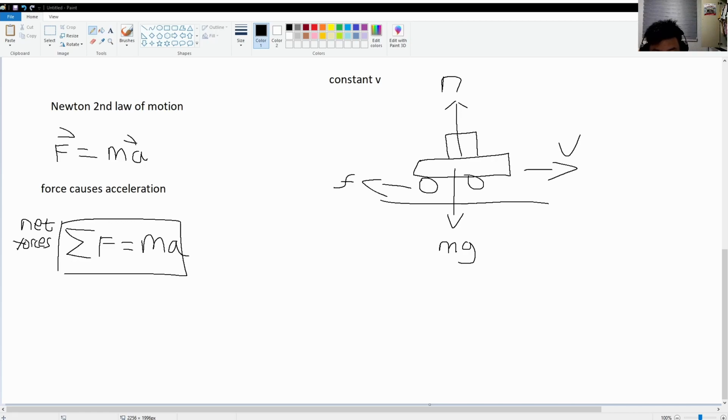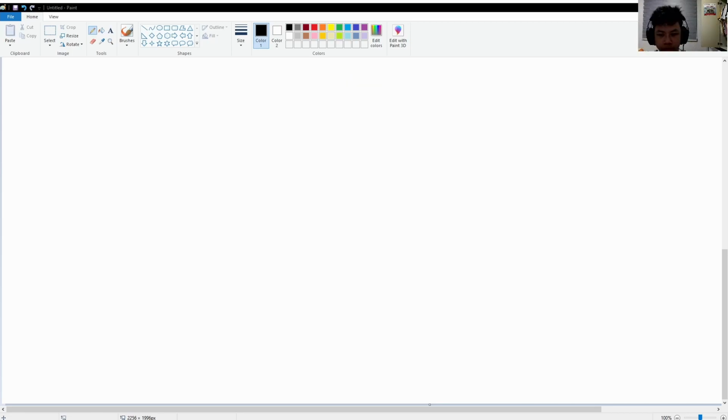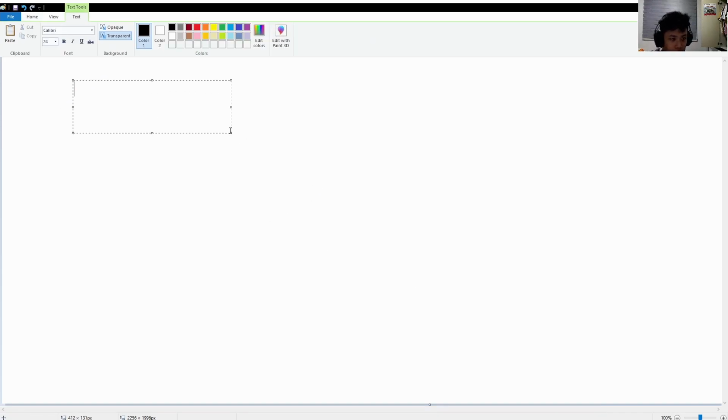And the last one is some sort of force that is driving us forward, which is caused by the gas pedal, which moves us forward in motion. So that's it for Newton's second law. So now I'm gonna explain the third law, Newton's third law.